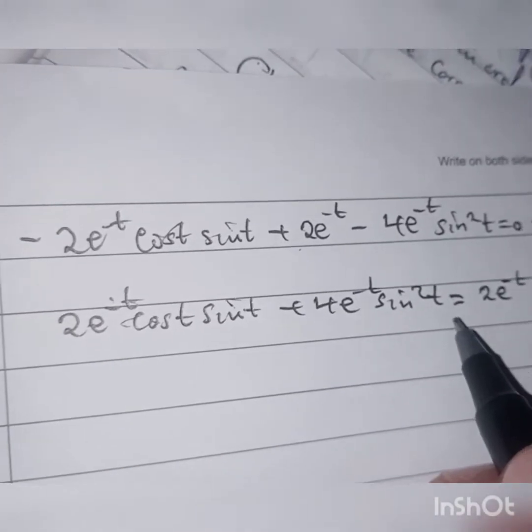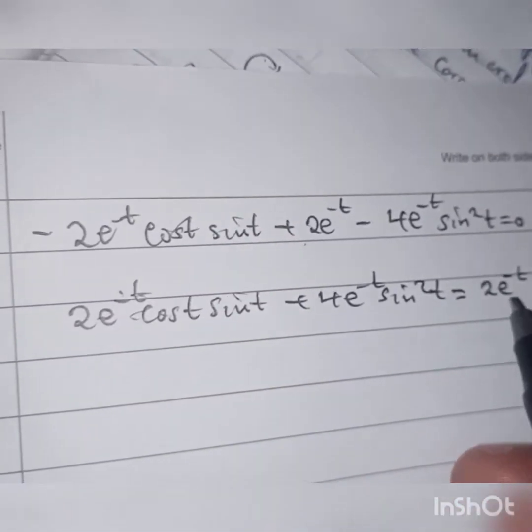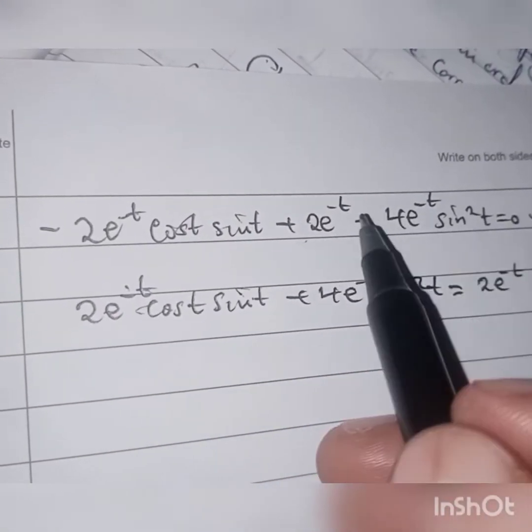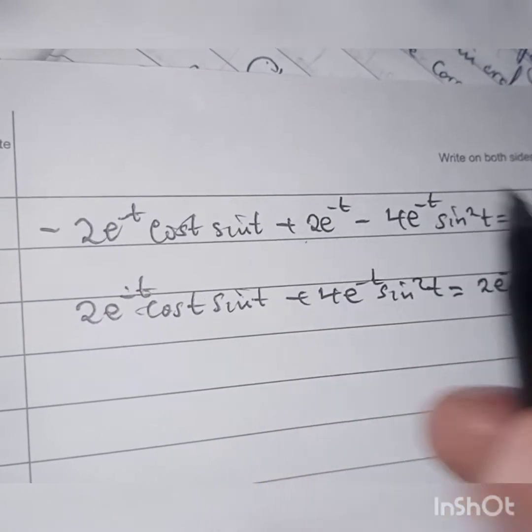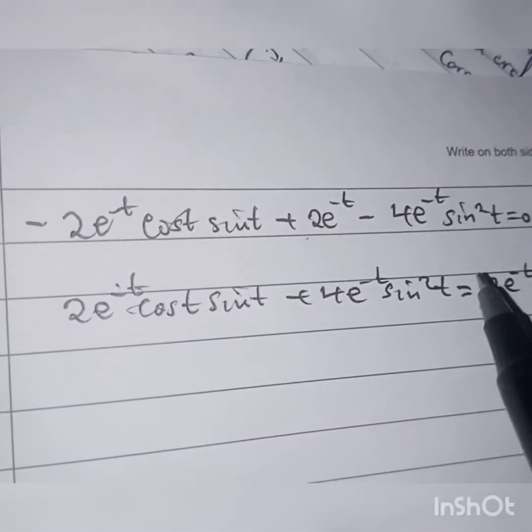You may be asking yourself why the signs have turned positive. That's because when you take this one to the other side it will be minus, but dividing both sides by a negative sign, the end result will be a positive sign.